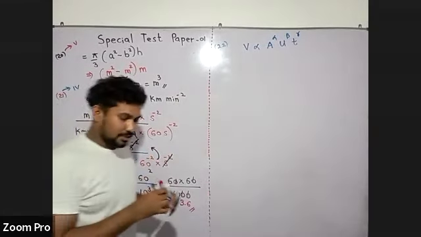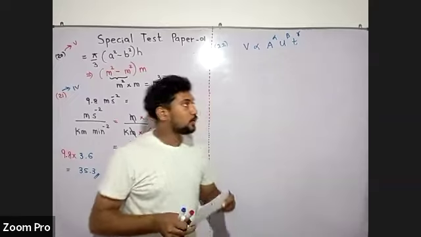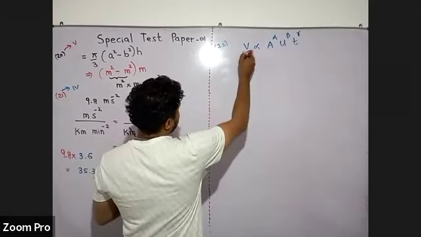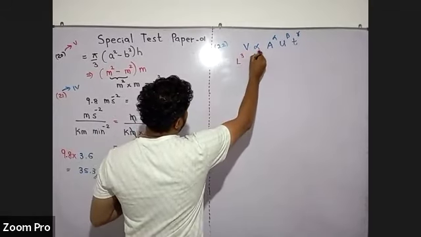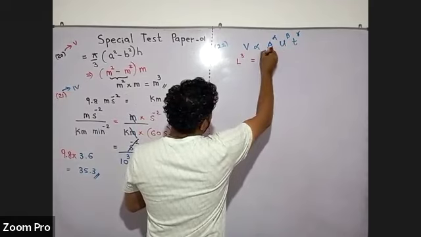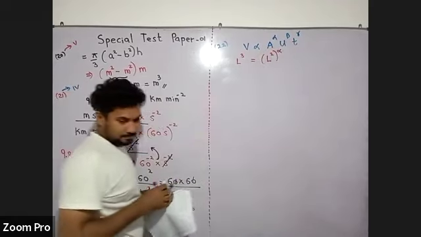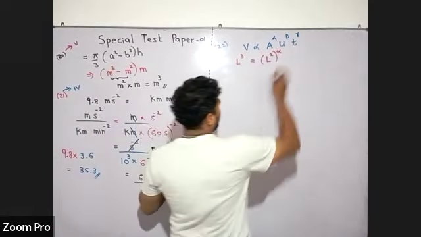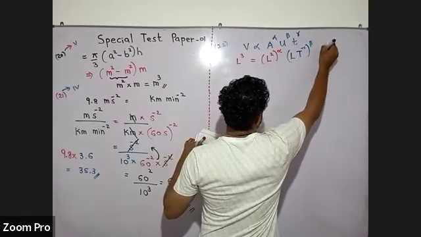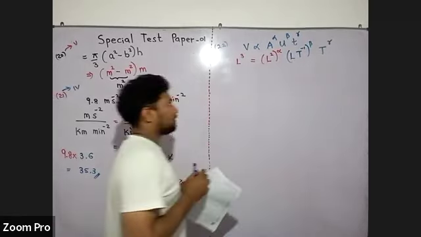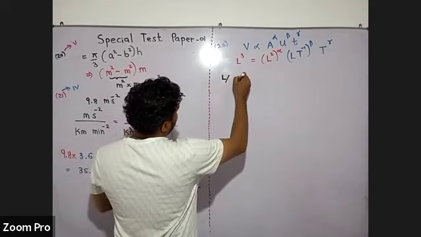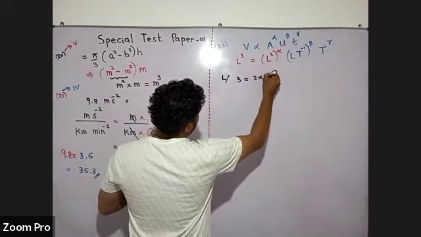Right. So now let's do dimensional analysis, right? So first of all, let's substitute the dimensions. We represent L cube equals a, which means area, so that means L to the power 2, but we have to consider the power alpha. U means velocity, that means LT minus 1, to the power beta. T means time, it should be substituted as T to the power gamma. So let's analyze the dimensions, each dimension. So if I consider L, 3 equals 2 alpha plus beta.